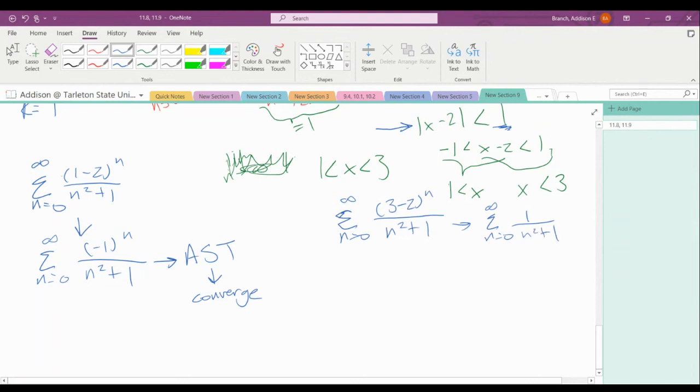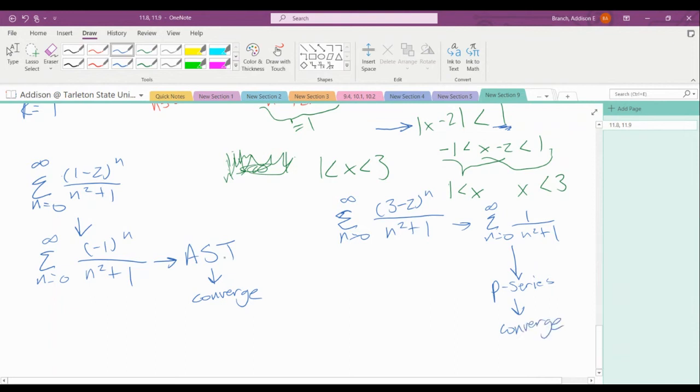Looking at this one, we can use essentially a pseudo p-series. We're not going to actually do the work on it, but just know that we can use a p-series test, and maybe even a little bit of comparison tests, to see that this one will also converge.